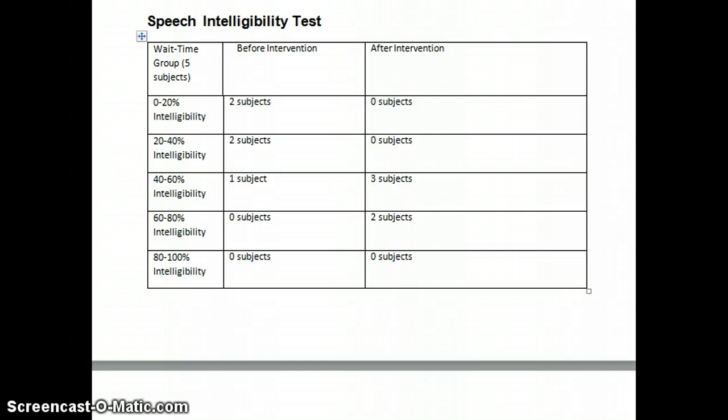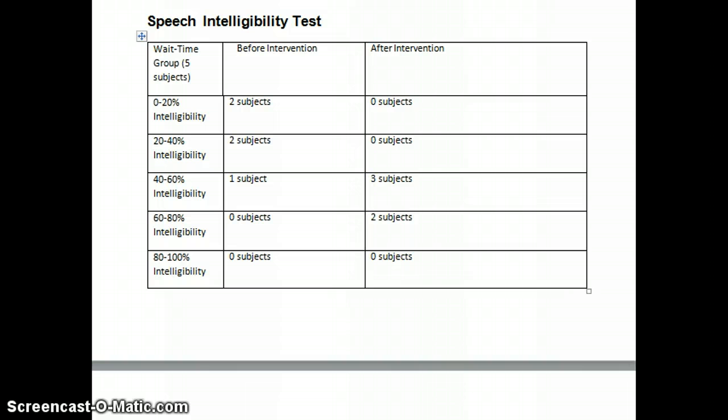So the wait time group here is separated into 0 to 20% intelligibility, where before intervention you have 2 subjects, 20 to 40% intelligibility, where before intervention you also have 2 subjects, and 40 to 60% intelligibility, where you have 1 subject. So you can see from the table that nobody has more than 60% intelligibility in their speech.